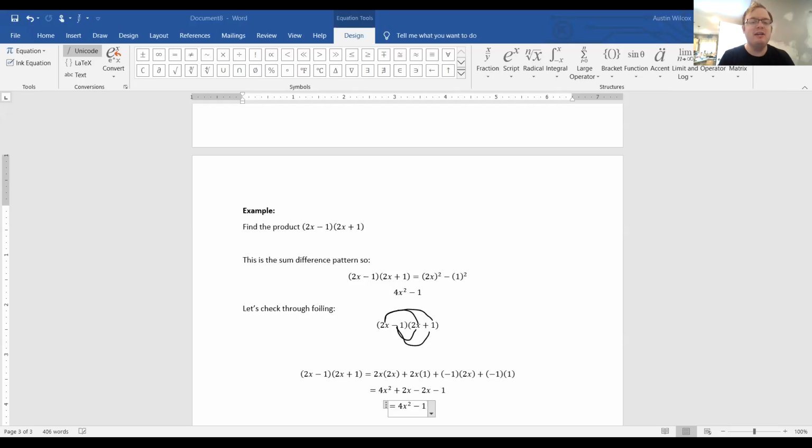The reason this is concave up is that our a value, or what's on m squared, is 2. Because that is a positive number, because 2 is greater than 0, it's going to be concave up.